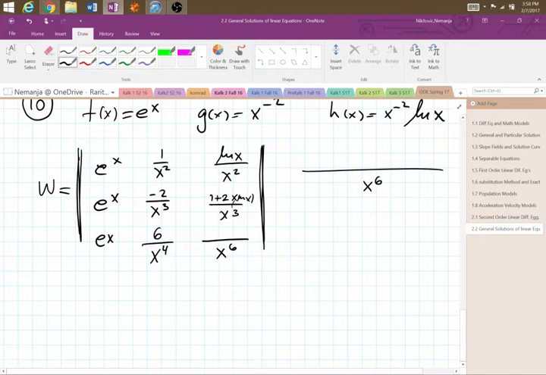Is it better? So all I need to do is take the derivative of ln x over x squared. So it's x to the 4th. I had it here and then I erased it.